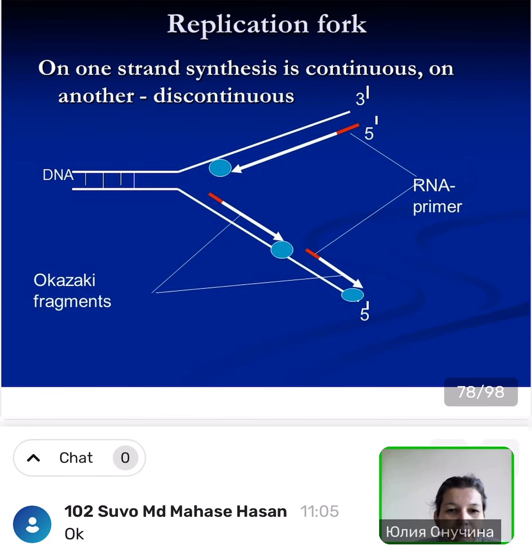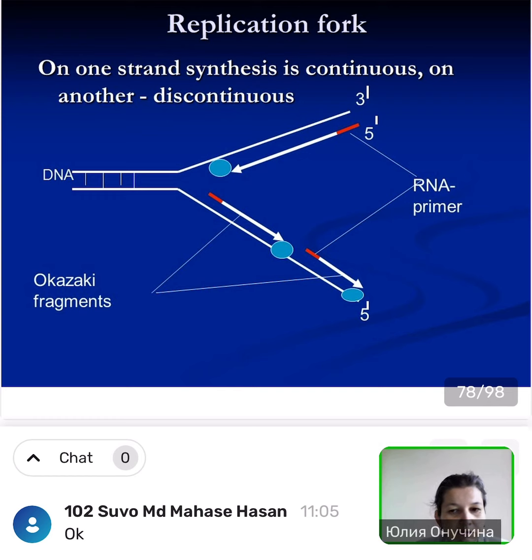So, replication fork. You see that one strand has direction from 3 prime to 5 prime, if we look from the right side to the left. The new strand of DNA will begin from 5 prime, opposite to 3 prime, and this strand will be synthesized faster because without stopping.